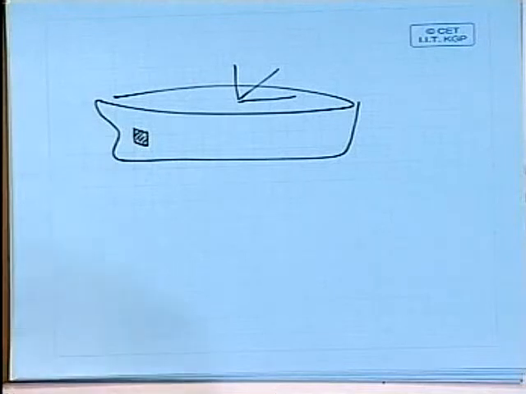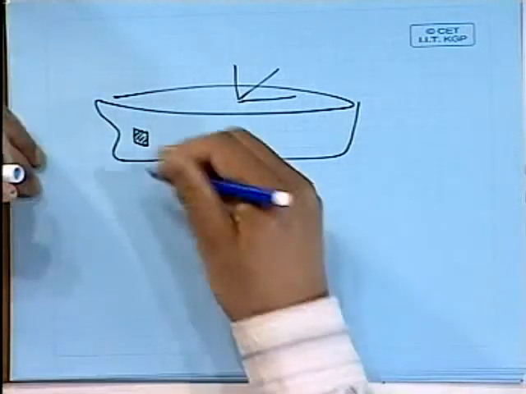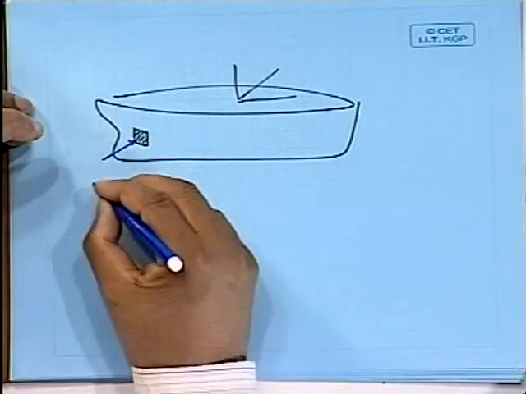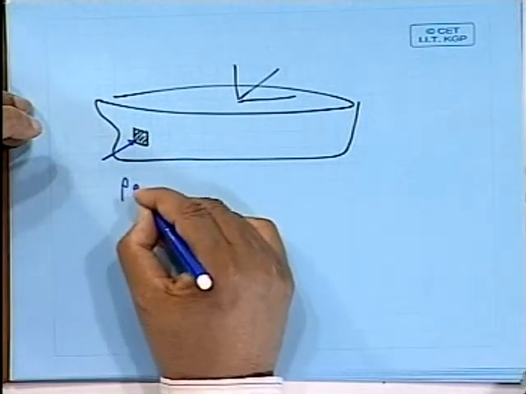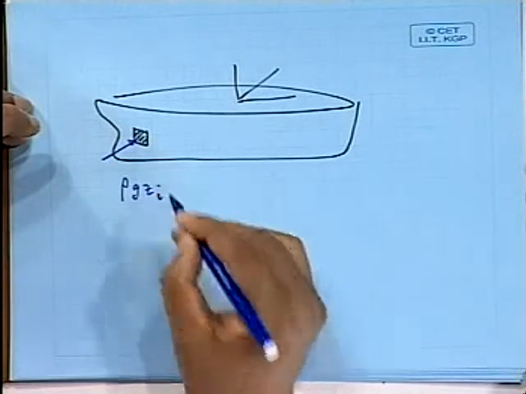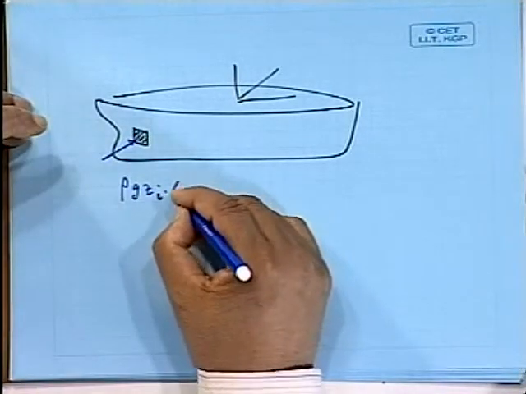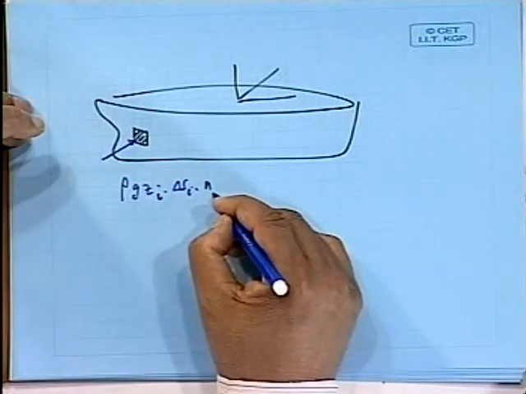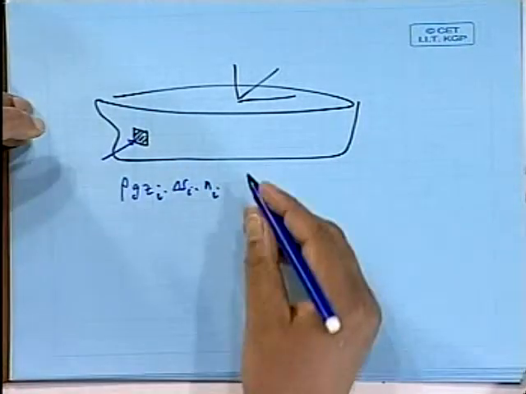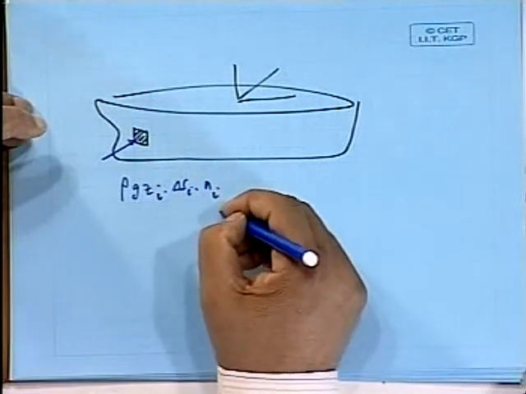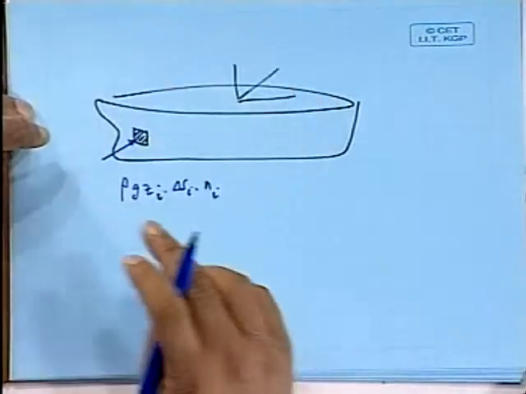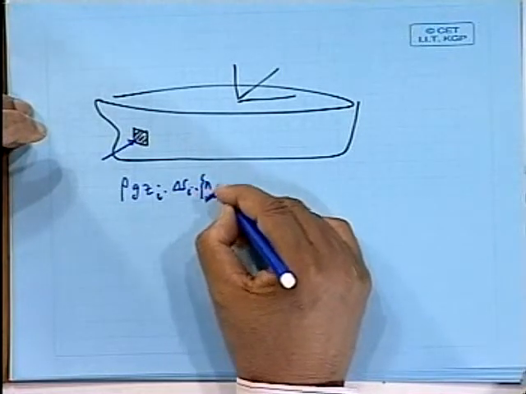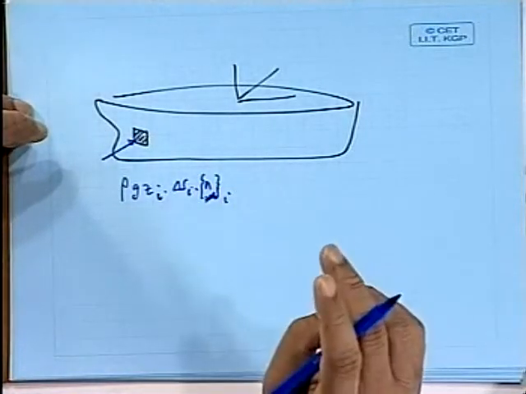Now this particular facet has got a force. This force is given by rho g z, this is the ith facet, zi into delta dsi. This value is multiplied by n. Let me call it ni. This will have three components, because it is nxi, nyi, nzi.